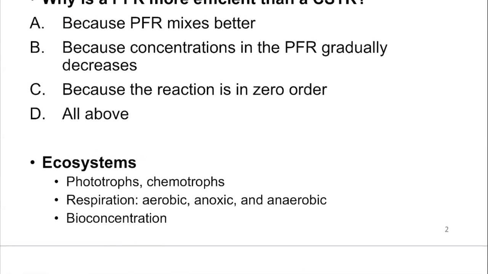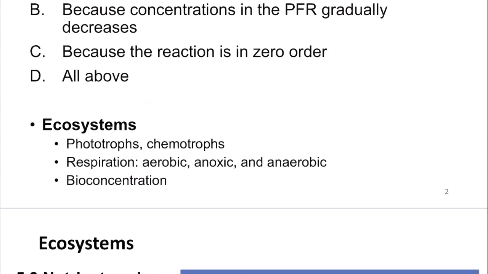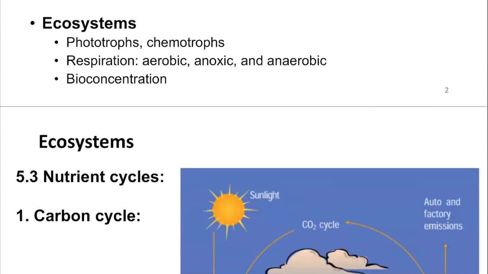Right? So last class, we also talked about the ecosystems. We introduced some concepts on the phototrophs and chemotrophs, right? Phototrophs are basically the plants, right? They rely on the solar radiation. Chemotrophs rely on other living organisms. So basically they convert chemical energy in chemical components into energy instead of the solar energy.